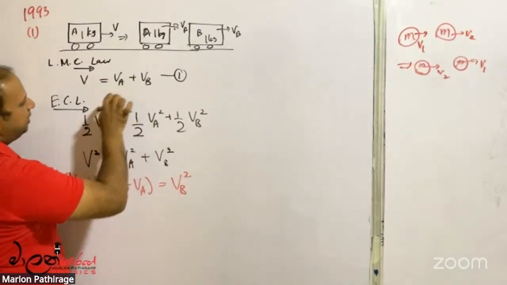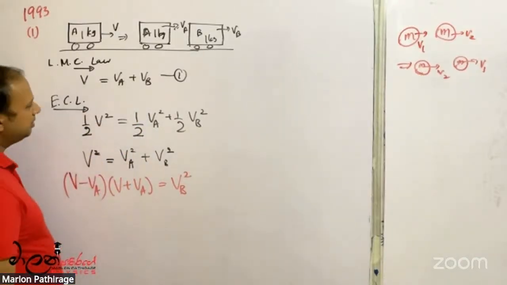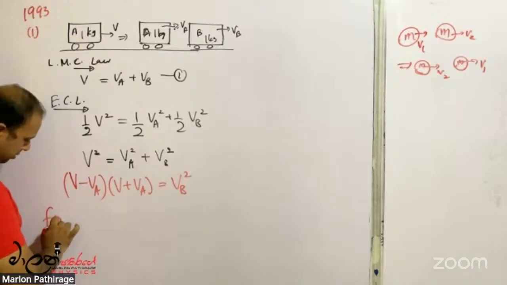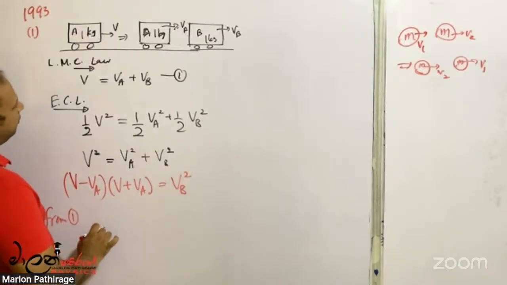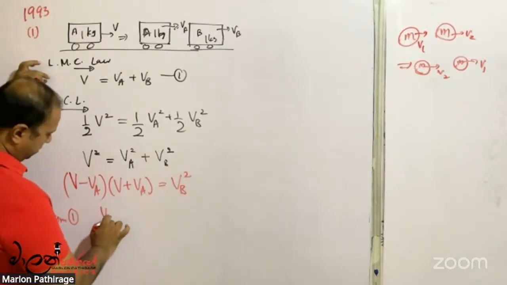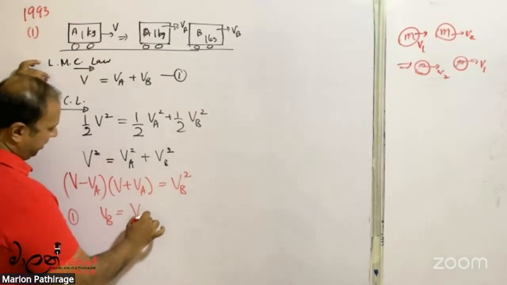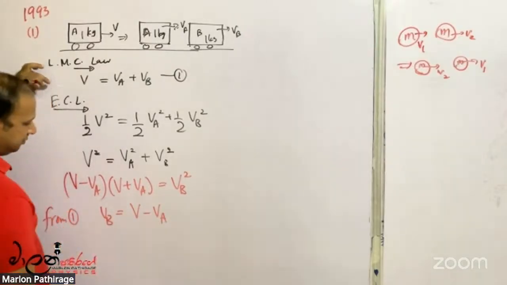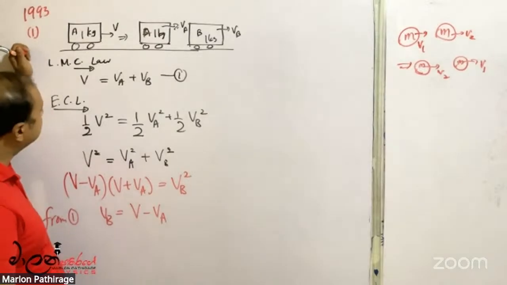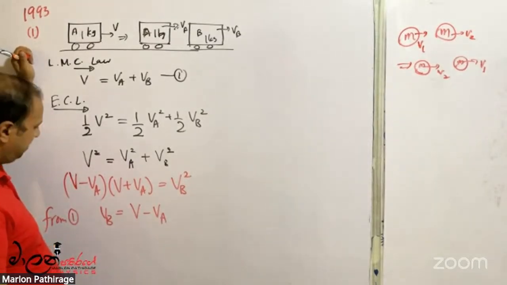Then I can subtract va from equation 1. vb is equal to v minus va.